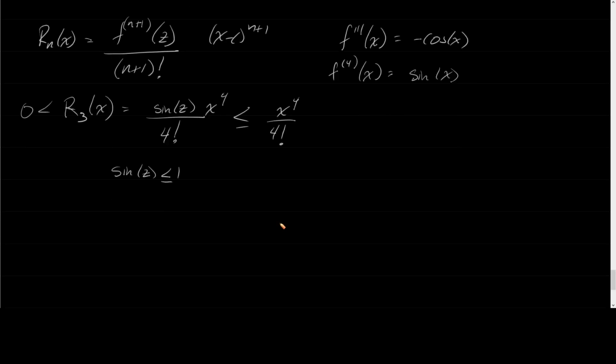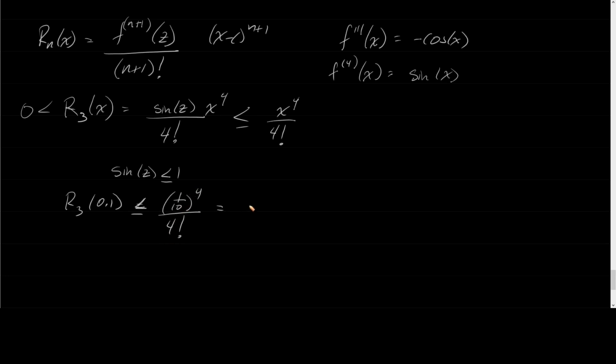And now that we've got that, we can say that r sub 3 of x at 0.1, because we're trying to figure out 0.1, would be less than or equal to 0.1, which was 1/10, to the 4th over 4 factorial. 1/10 to the 4th is 1 over 10,000. 4 factorial, 4 times 3 times 2 times 1, is 24.